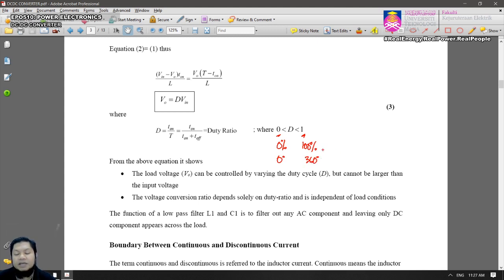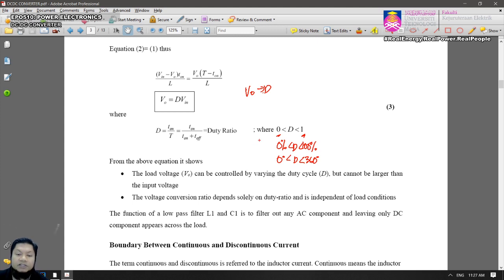Okay, it can be represented by any of these parameters. Okay, so here from 0 to 1, and therefore if you look at this equation, Vout depends on the value of D, isn't it? Okay, so the output voltage Vout can be controlled by varying the duty cycle D, but cannot be larger than the input voltage.